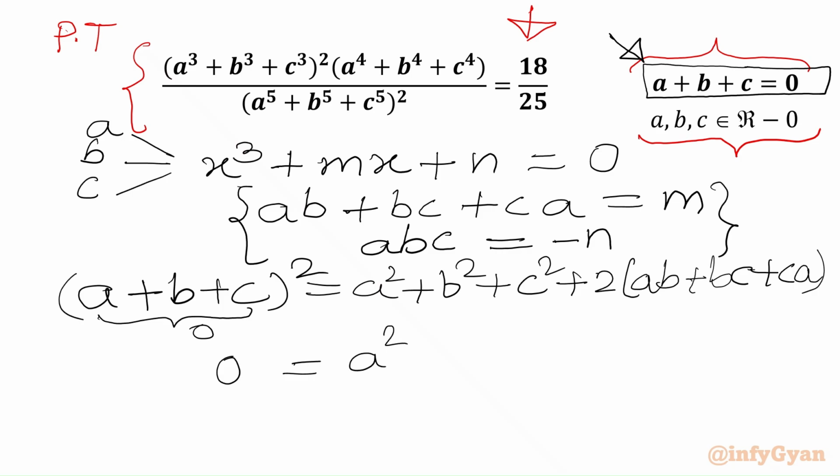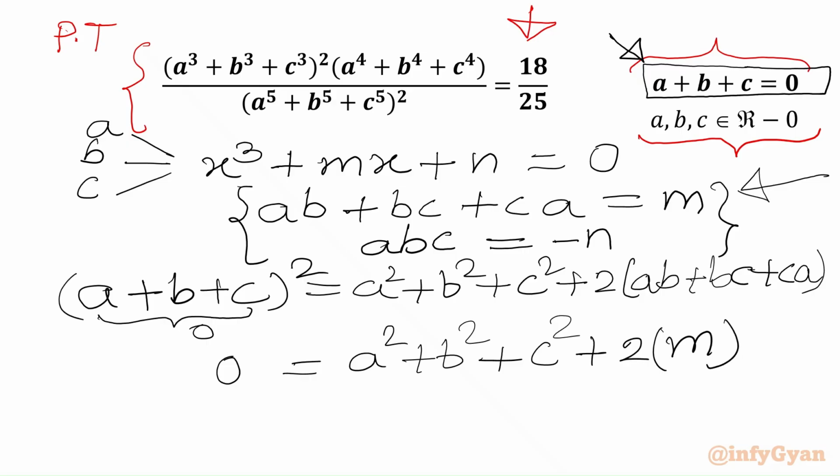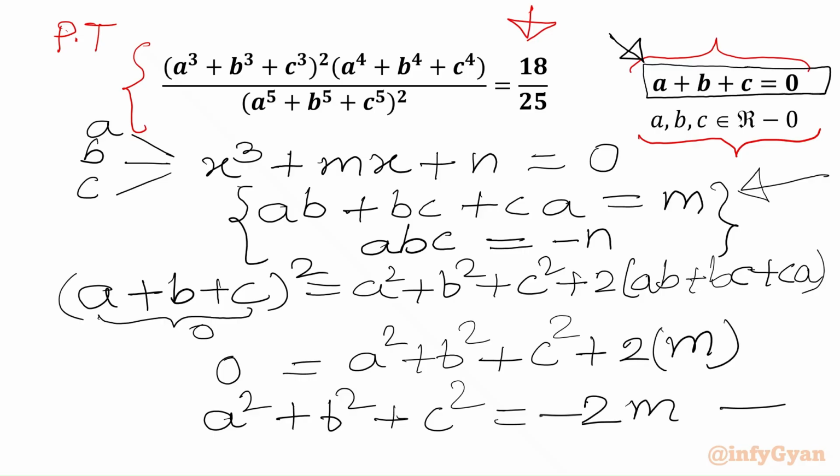RHS will be a square plus b square plus c square plus 2 times ab plus bc plus ca. This is m, so I will write here m. So the value of the expression a square plus b square plus c square is equal to minus 2m. Let's say this is our equation number 1.